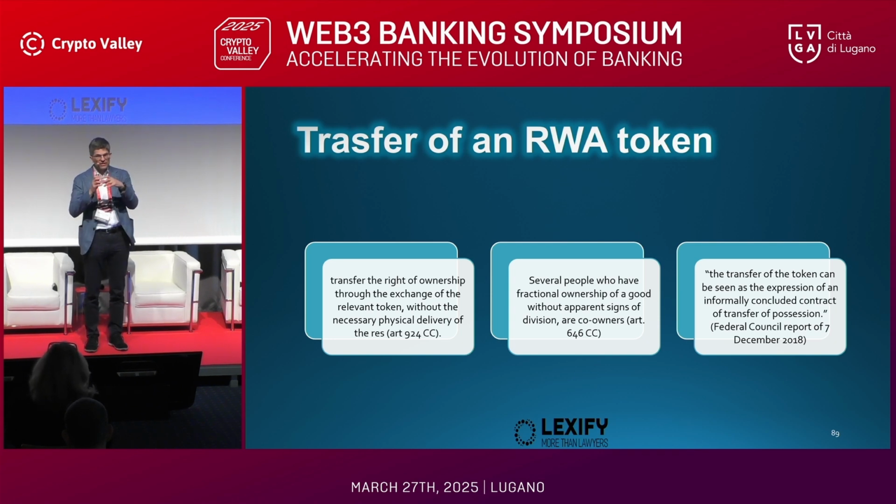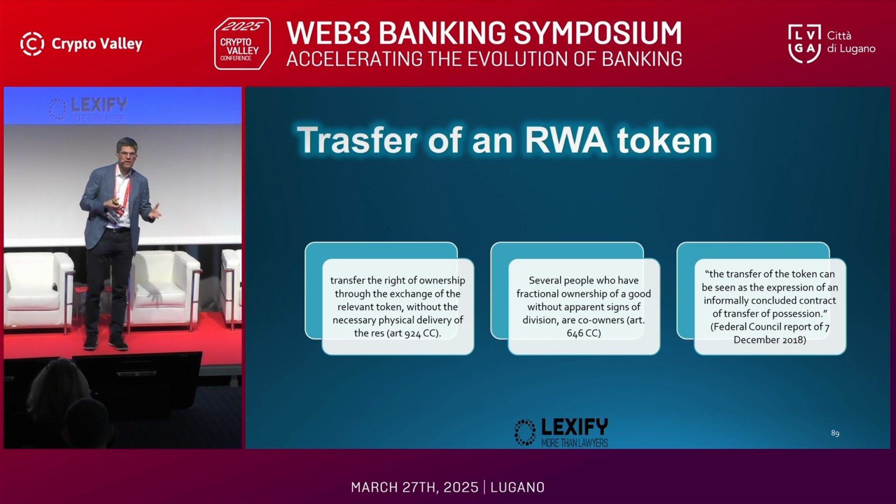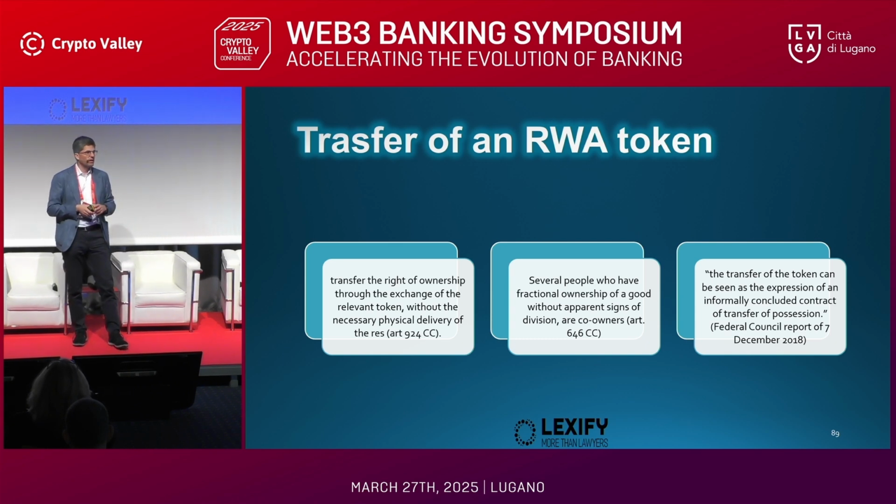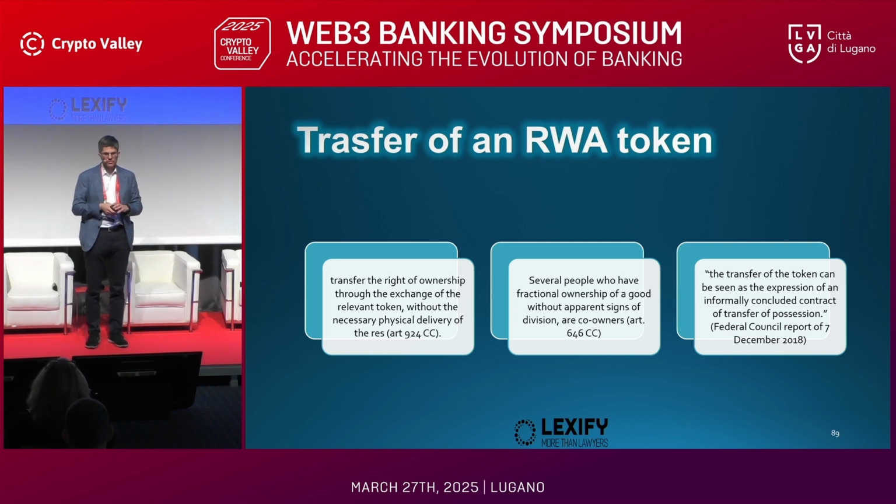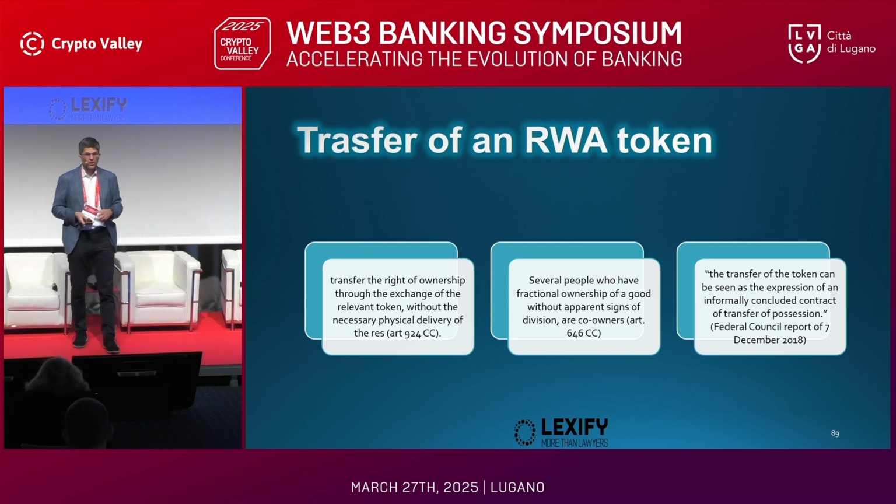Maybe you are tokenizing a particular part of the painting that is much more valuable than the right corner, which is just blue sky, and is a blue token, and you can give it a minor value compared to the particular part of the painting. And you can see also that since 2018, the Federal Council recognized the fact that by transferring a token, we can really transfer the ownership of the asset.